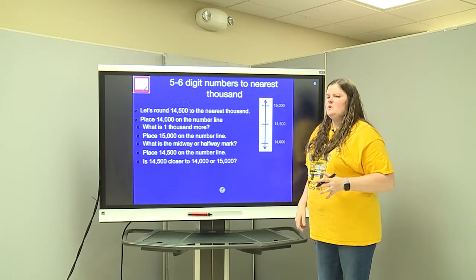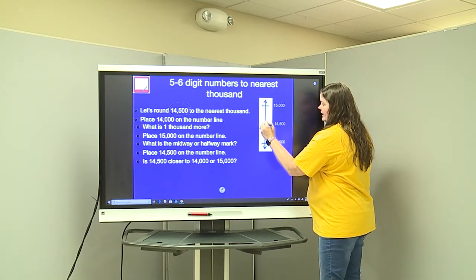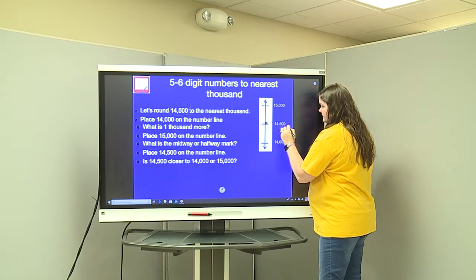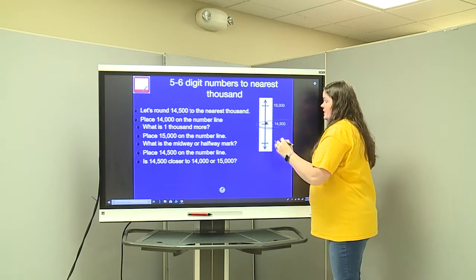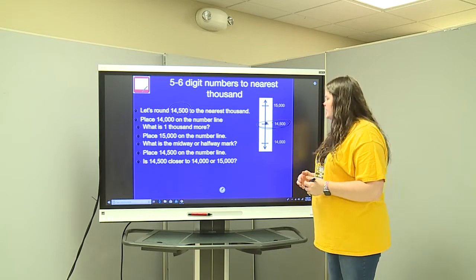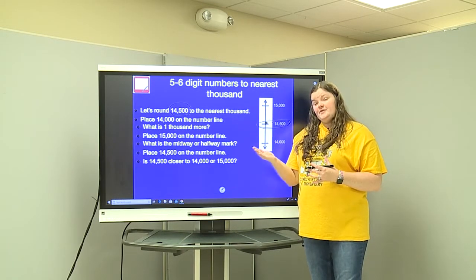Now this particular one is a little bit different. The 14,500 would fall right here on that midpoint of 14,500. So the midpoint is actually the number that we're rounding. So I need to think now, do you think if it's at the midpoint that it should go up to 15,000?